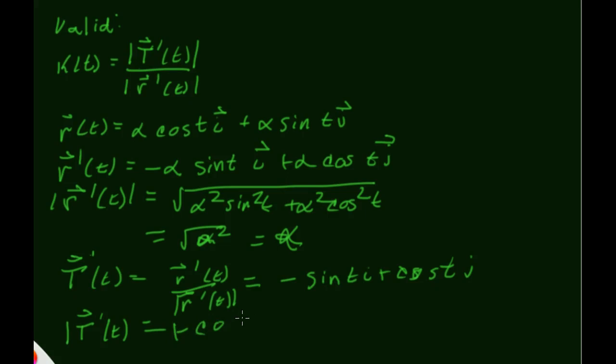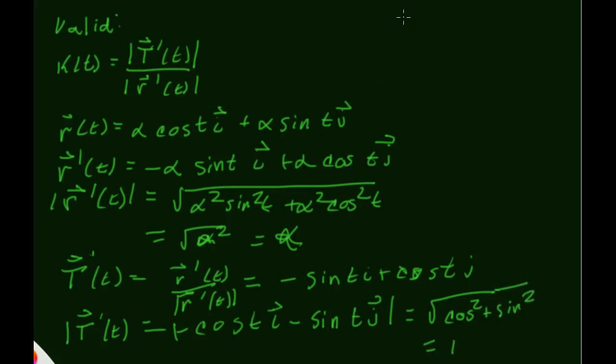So the magnitude of negative cosine t i plus, nope, that one's not plus, minus sine t j, right? So that should come out as the square root of cosine squared plus sine squared, which is of course 1. So make a little bit of room up here.